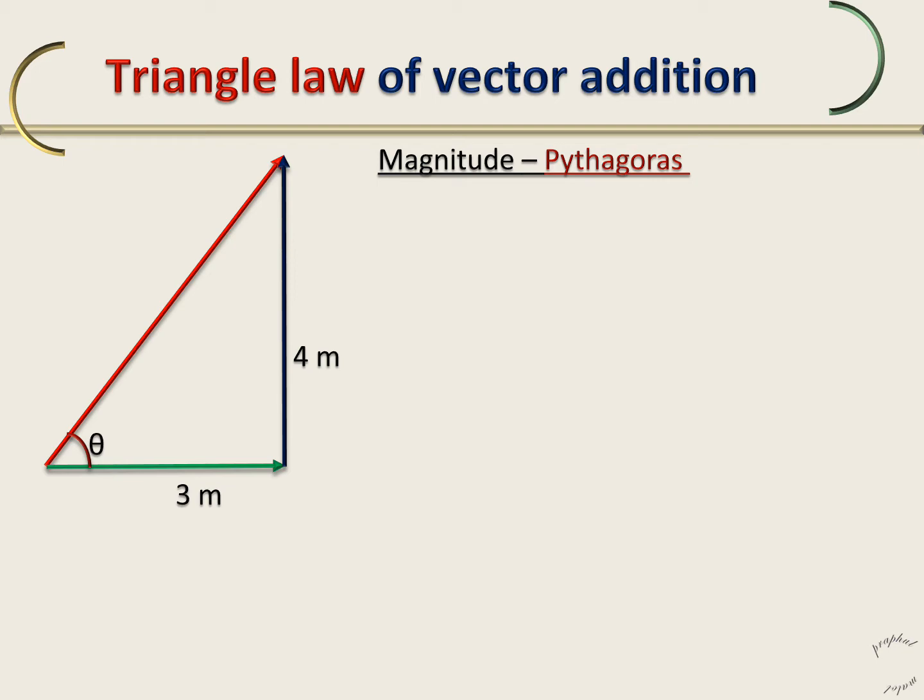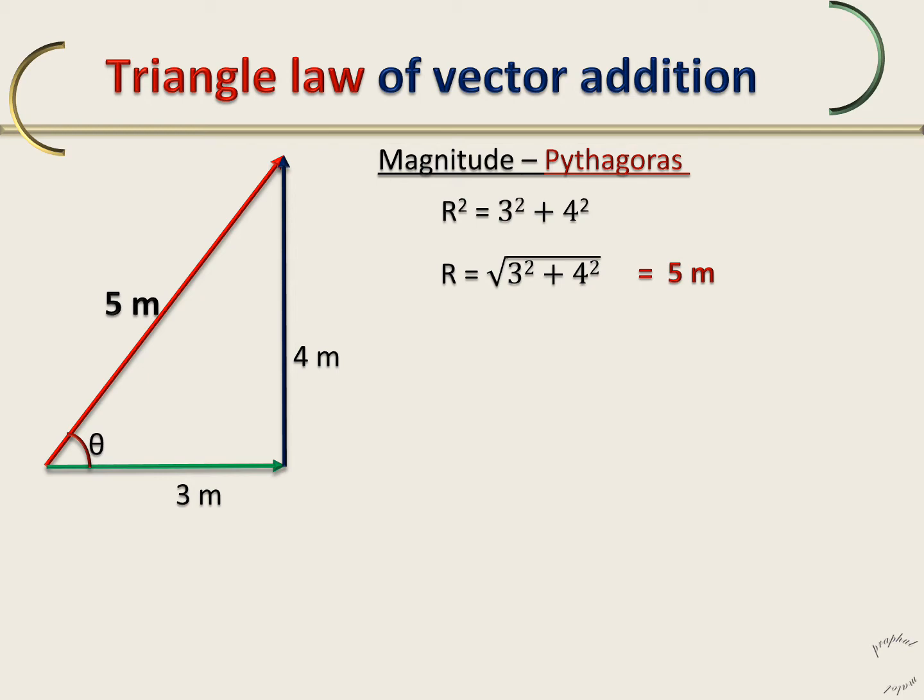So if you apply the Pythagoras theorem here to find the resultant r, the equation goes like this: r square equals 3 square plus 4 square, or r is equal to root of 3 square plus 4 square, which will give you the answer 5 meters. 5 meter is the resultant of 3 meter and 4 meter. The value of the resultant is always obtained using Pythagoras theorem.